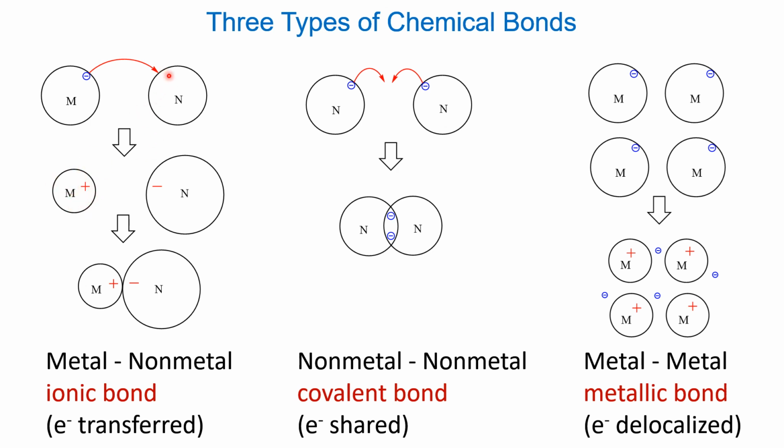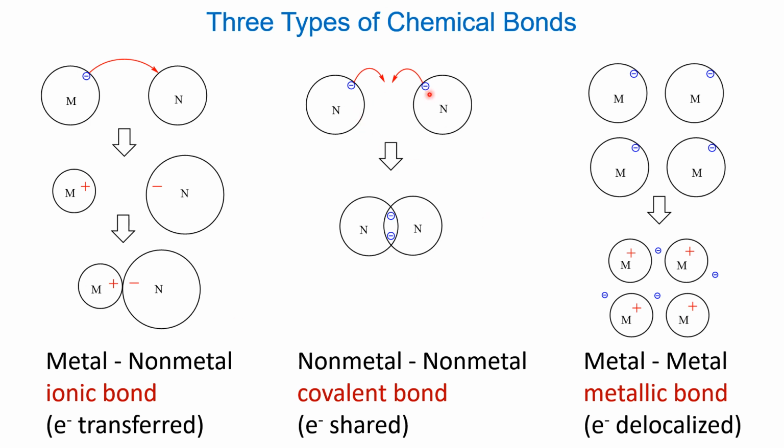And the non-metal will become an anion, and they have opposite charge. So the attraction is called an ionic bond. In general, an ionic bond is the attraction between cation and anion. It doesn't have to be monoatomic, it can be a polyatomic cation or anion.